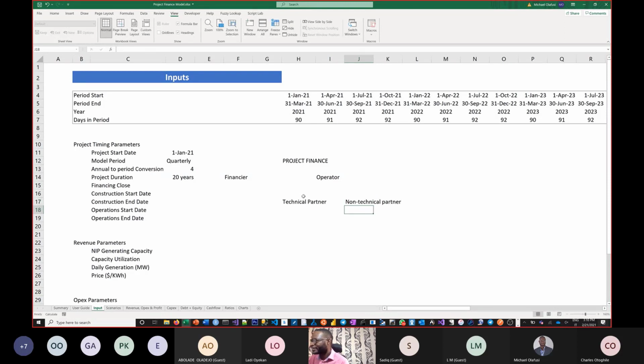So let's talk about this more straightforward one. For one of the ones I worked on, it almost split into this, where on the operator side there were two partners involved. There's a technical partner, like one global company, and that's what they do. So their own risk is very minimal. They are not putting equity, they are not putting anything.